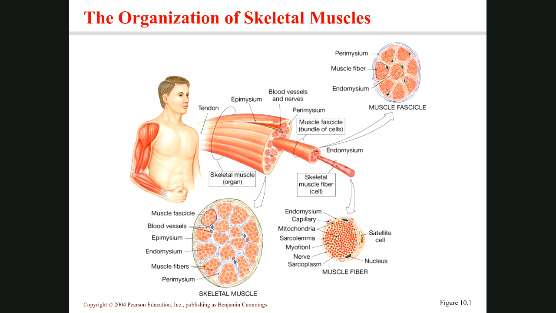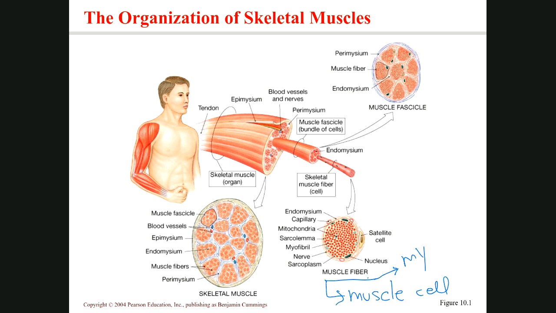And here's one of the challenges with this material: muscle cells are actually called muscle fibers. So that's the first thing to remember. Every time you see muscle fiber, that actually means a muscle cell. It's the same thing. Another name for muscle cell or muscle fiber is myocyte.